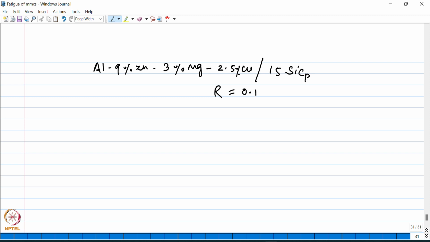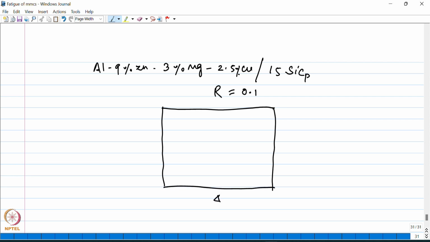So here the behavior looks like this. If you look at the growth rate of the composite in comparison to the unreinforced alloy, this is what was observed.